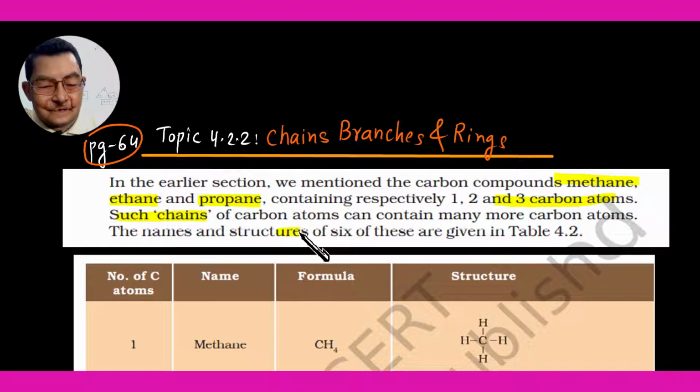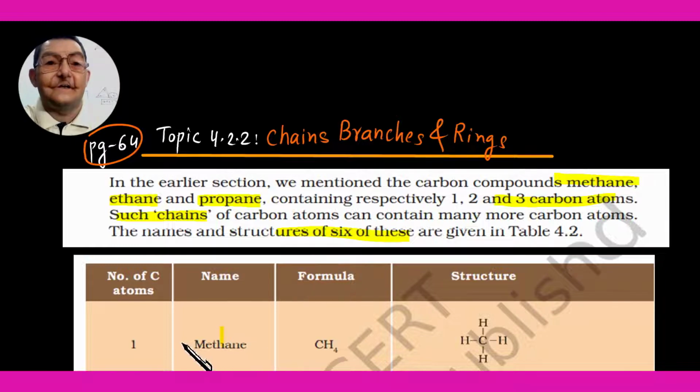The names and structures of 6 of these are given in the table. You have already done this in CBSE. If you remember, in CBSE you drew a similar table for alkane, alkene, and alkyne. So this is given in the book also.